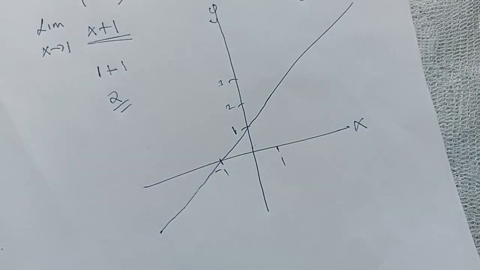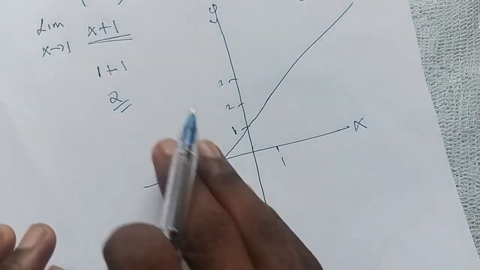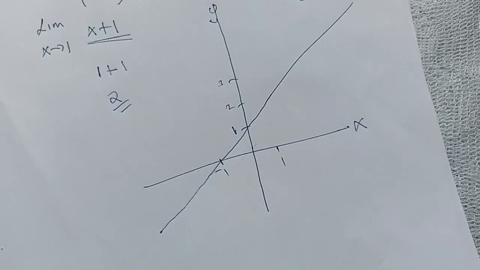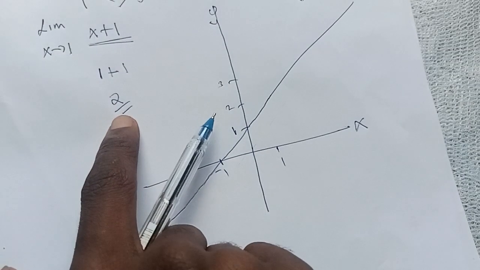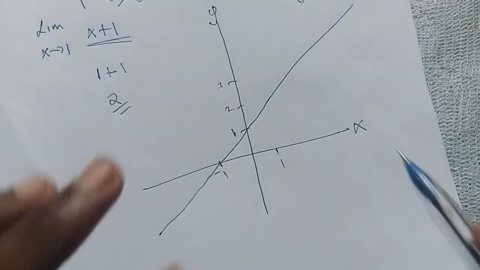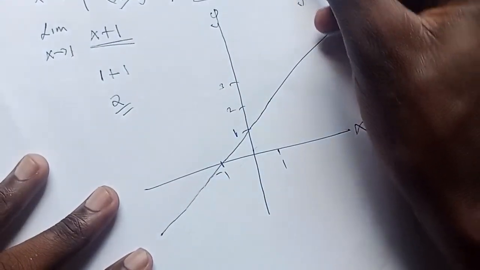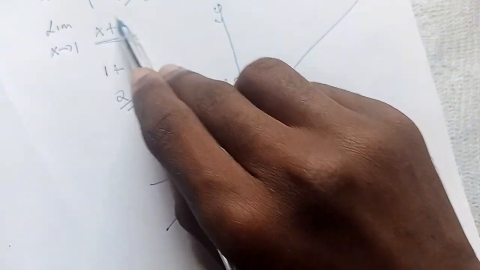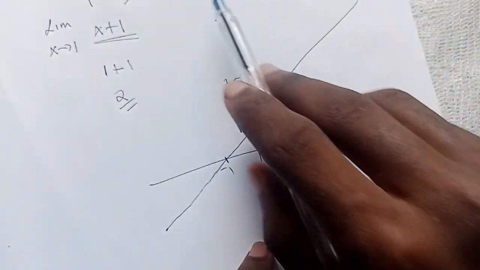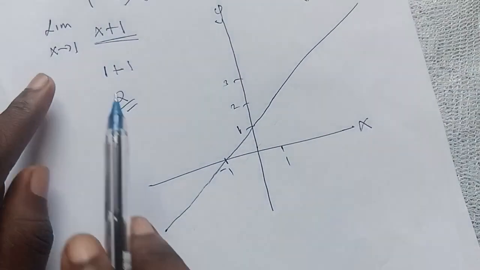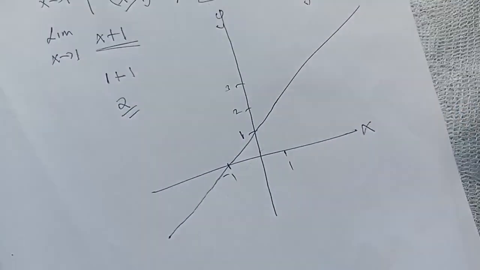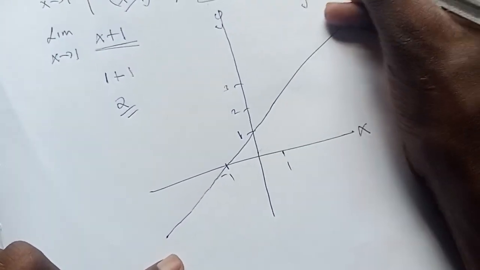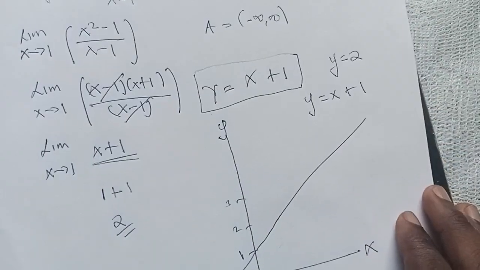When you plug in the value that x is approaching, you get the value 2. Just like I gave an example, equate the final answer of the limit to y, meaning if you substitute the value of x, you get the value of y equal to 2.